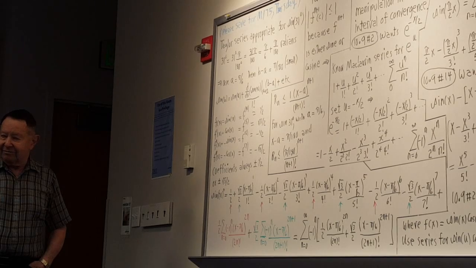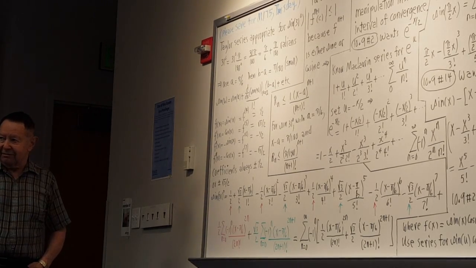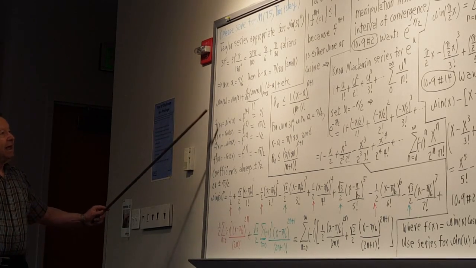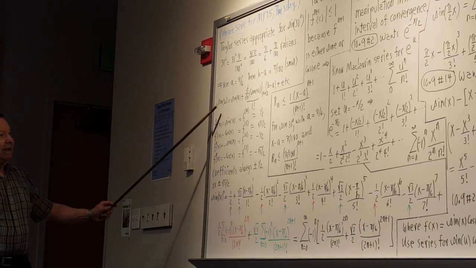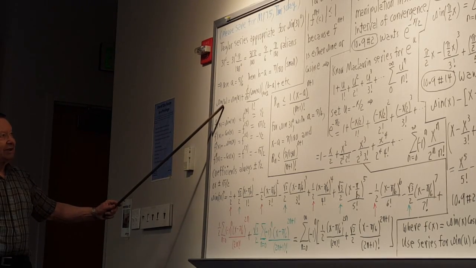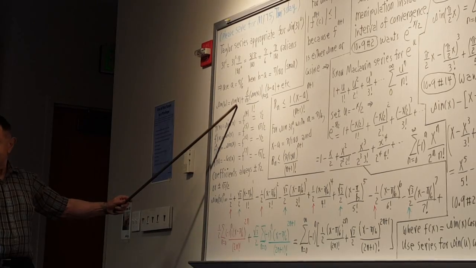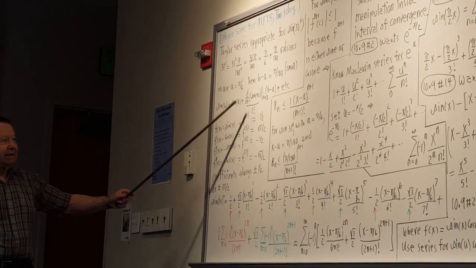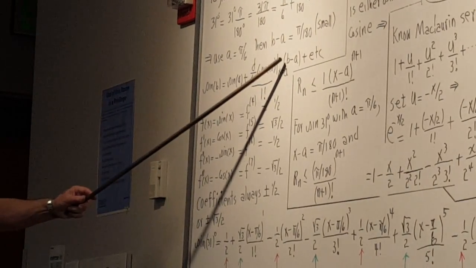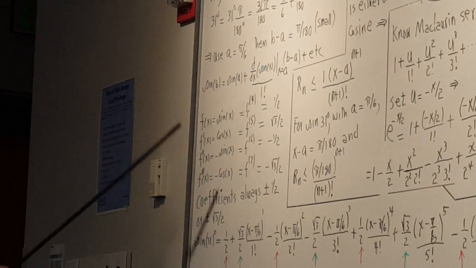Later on, people went to 5-place tables and so on. Anyway, what we would have then is sine of b, such as 31 degrees, is sine of a, such as 30 degrees, plus the derivative of sine at a times b minus a over 1 factorial, and so on.